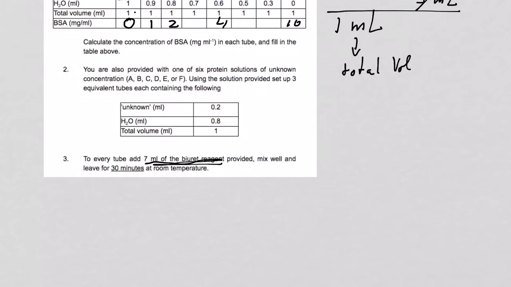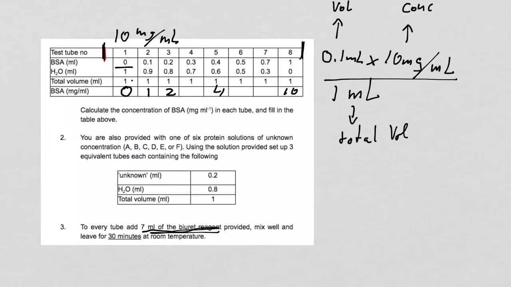So what you can actually do now is, once you have added 7 milliliter to each one of these 8 tubes, you mix, you wait 30 minutes, and then before you start measuring, my advice would be to label your cuvettes 1 to 8.